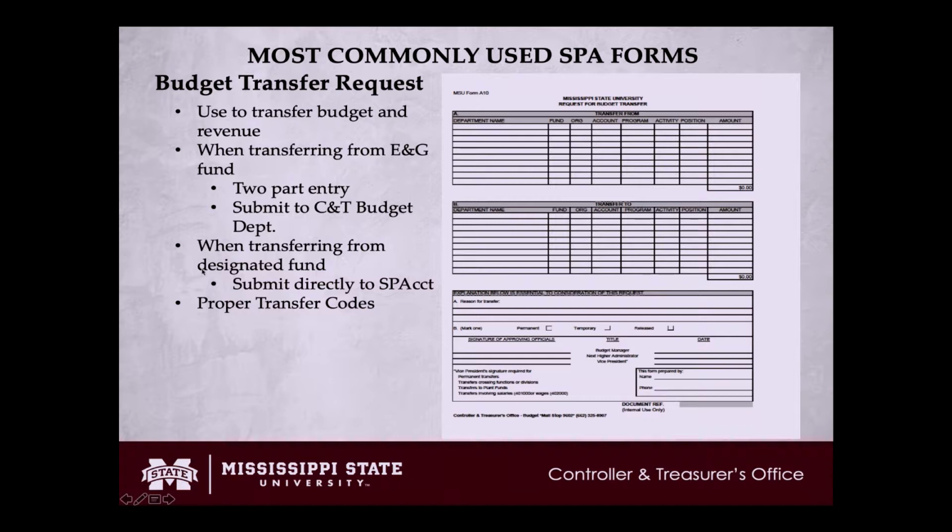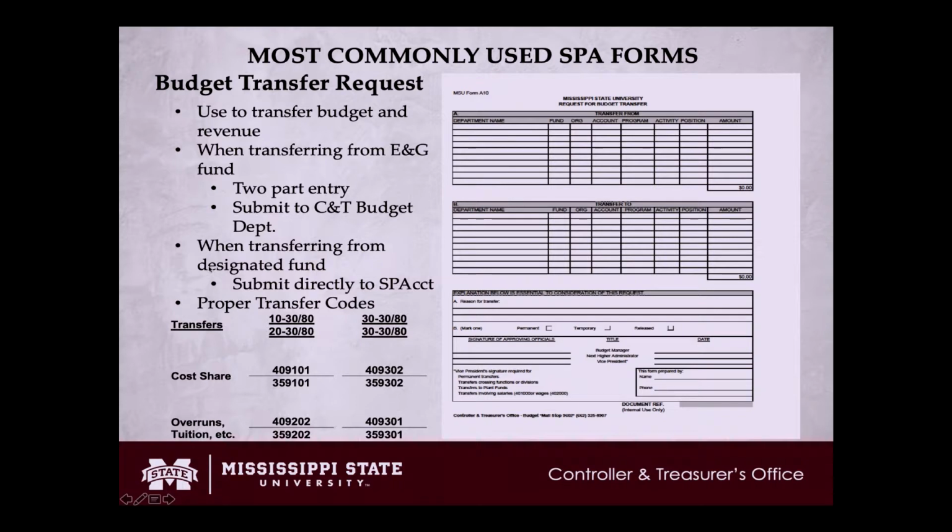The most common mistakes that we see with these forms are the transfer codes that are used. They're either the incorrect transfer codes, or they're simply missing because the person who completed it didn't know which account codes to use. And I understand this. There are quite a few combinations of transfer codes.